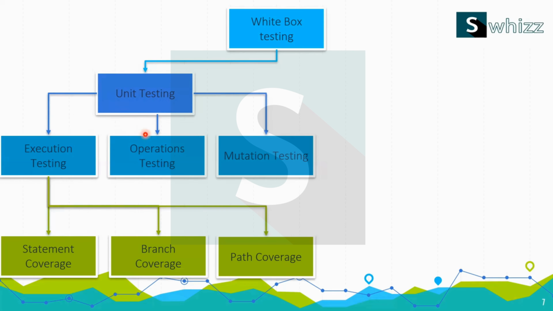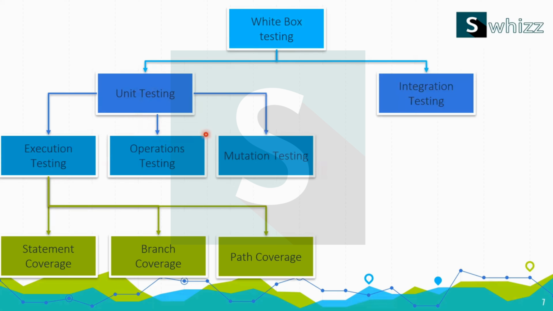Once every module is working as per the requirements, you integrate them and now perform integration testing. Once every module is working fine, you integrate those modules, and that is integration testing. Integration testing means integrating two or more modules to form a build.